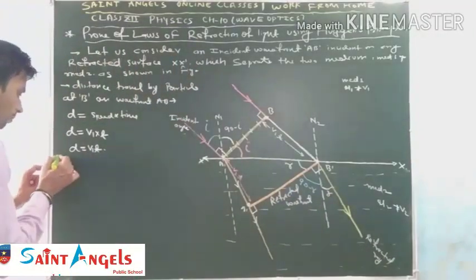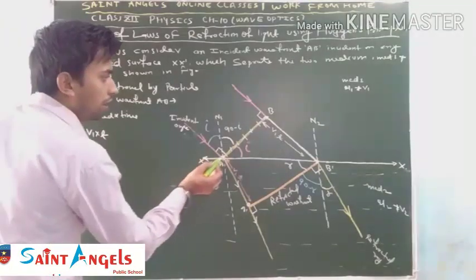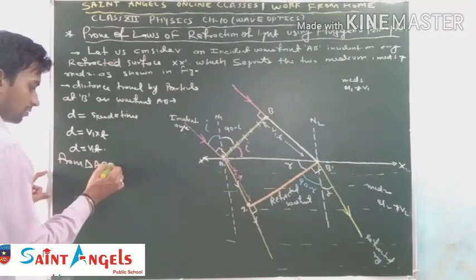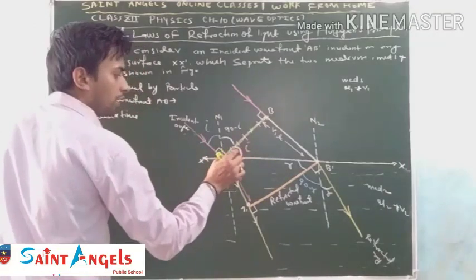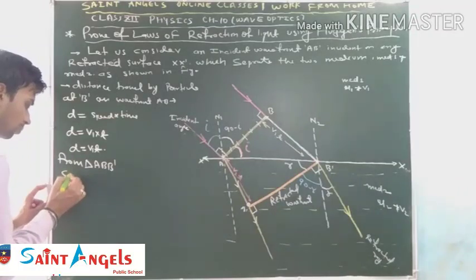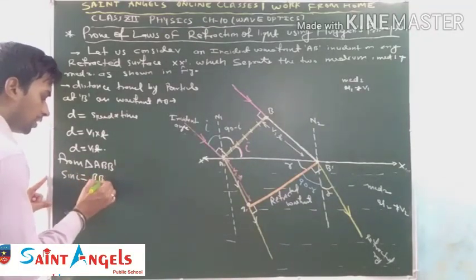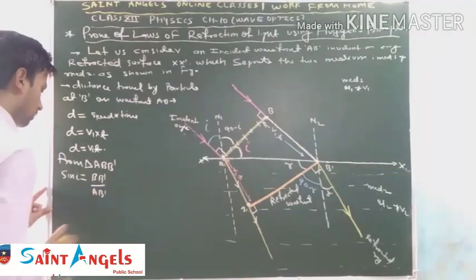So student, firstly from triangle ABB dash, sin I equal to, we know that sin theta is equal to perpendicular upon hypotenuse. So sin I equal to perpendicular, meaning BB dash, upon hypotenuse AB dash.